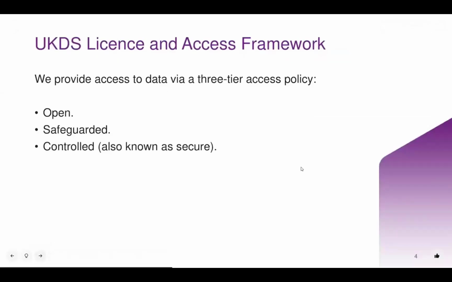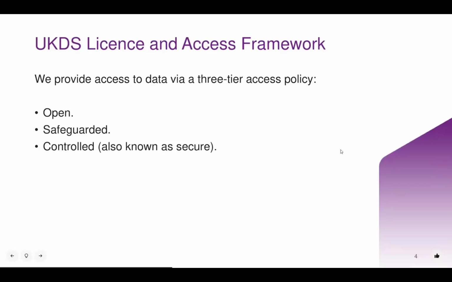Excellent. So beginning first to understand a bit more about the controlled data and the license framework. Overall, each dataset that we host in the UK Data Service has a designated access level. It's important to note that any of the datasets available through our catalog are not owned by the UK Data Service.